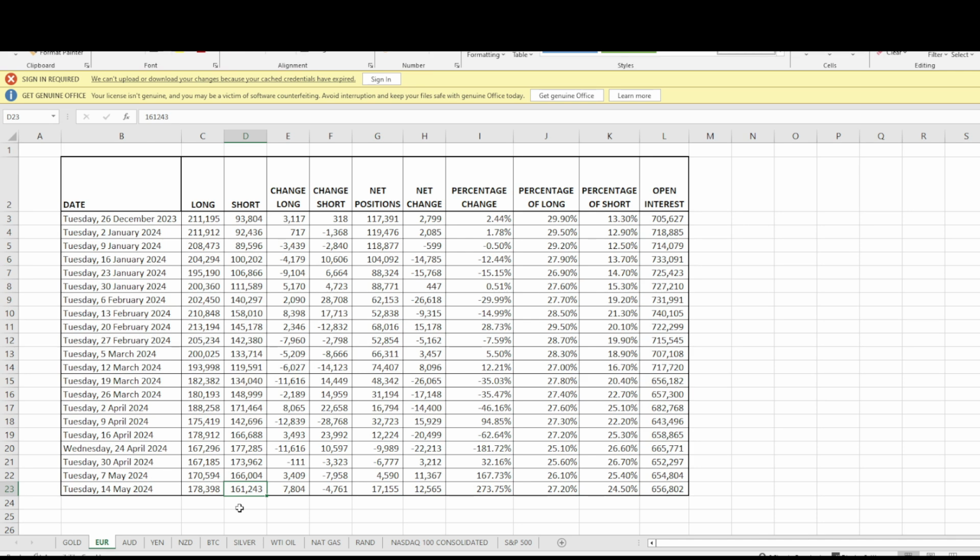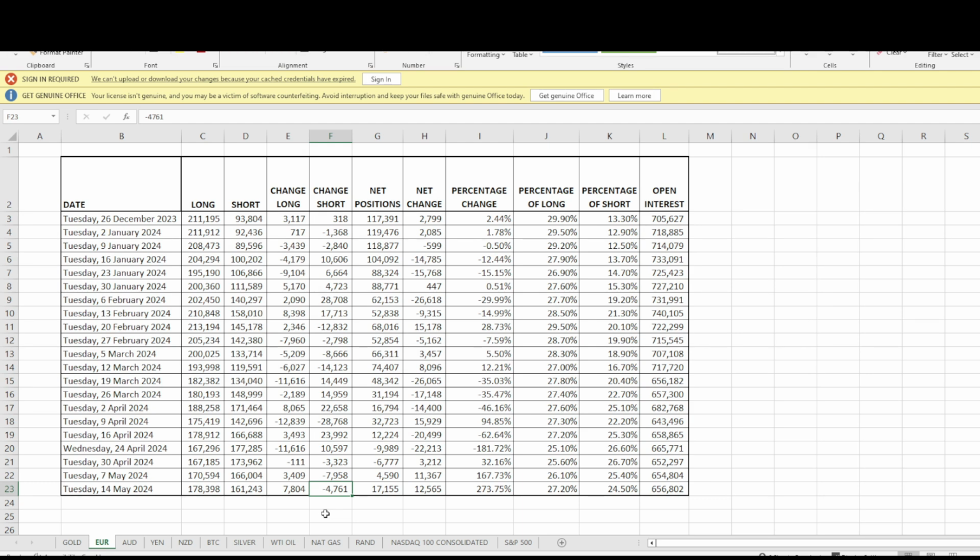They are closing out their sell positions, and we see that previously they had closed 3,000 sell positions or short positions. Then the next week they closed 7,000 short positions, and now with the most recent filing they have just closed 4,761 positions.